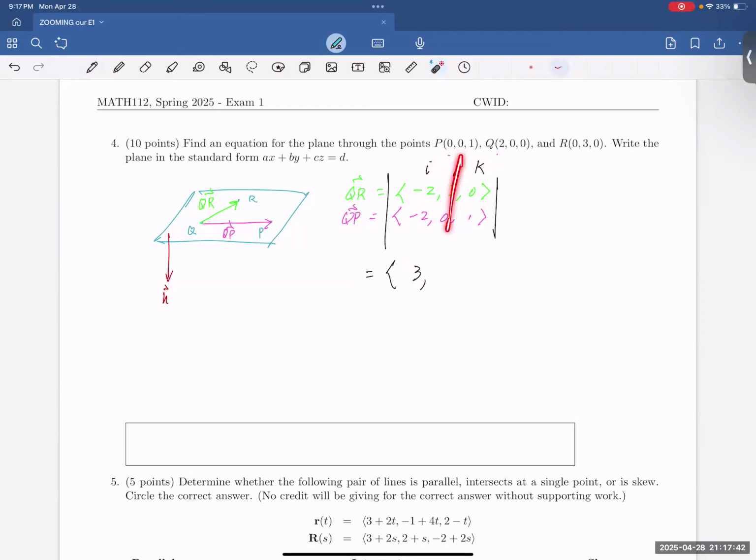Then J column, J row, that's going to give us -2 and a 0 there. So -2, and then it's already negative, so +2. Here, let's do -2. And then the last K column, K row, that's 0 minus -6.